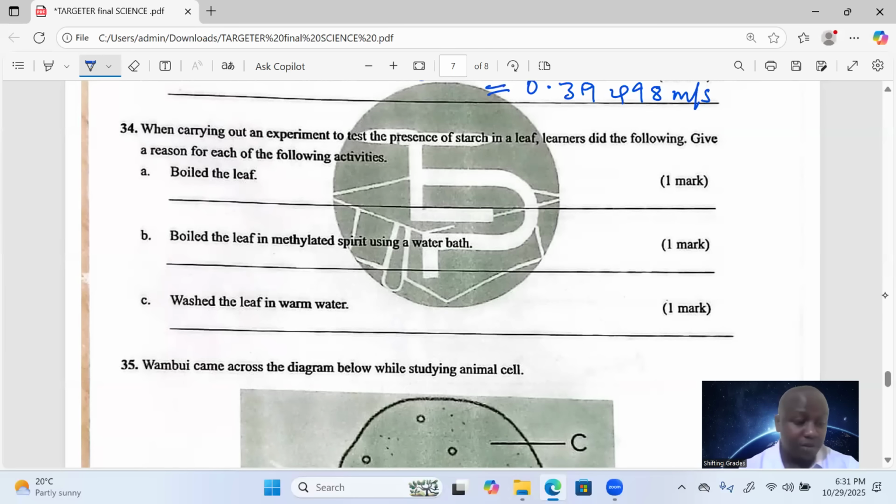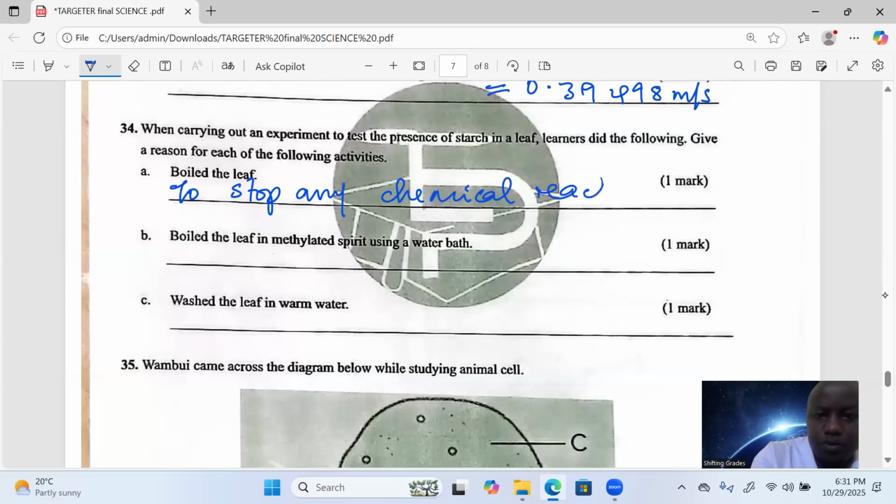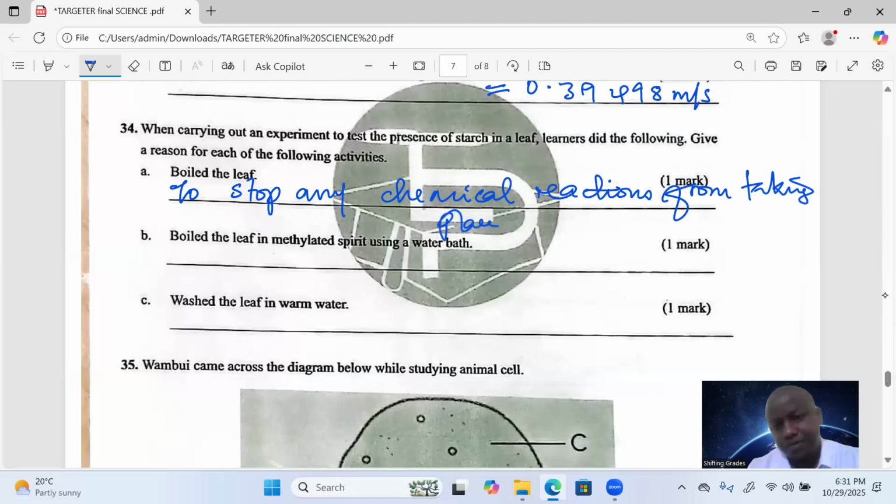The leaf is usually boiled to stop any chemical reactions from taking place.